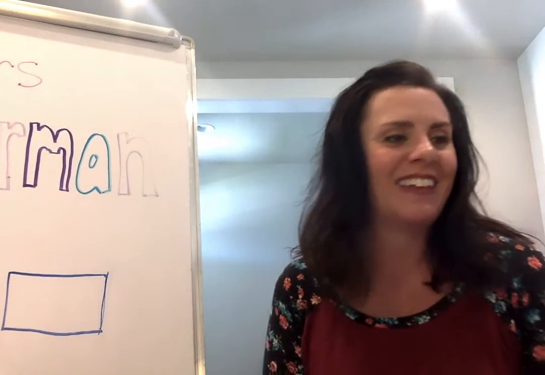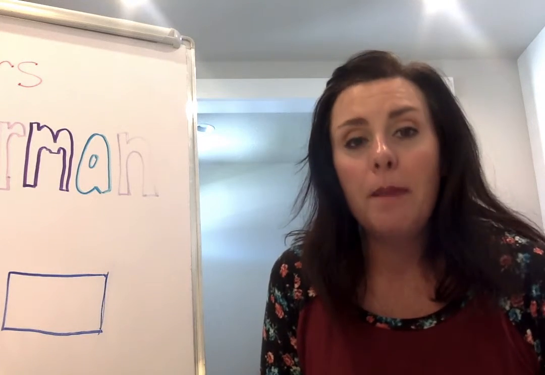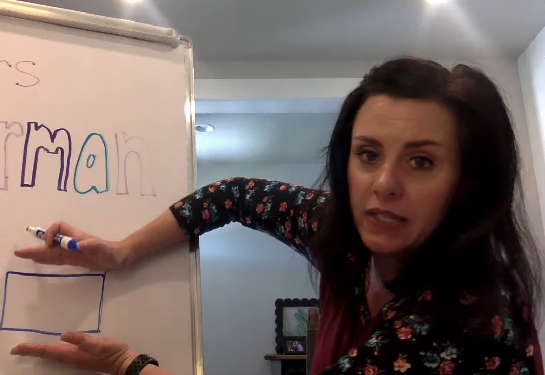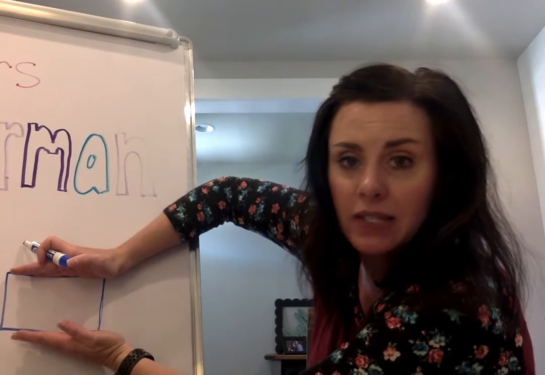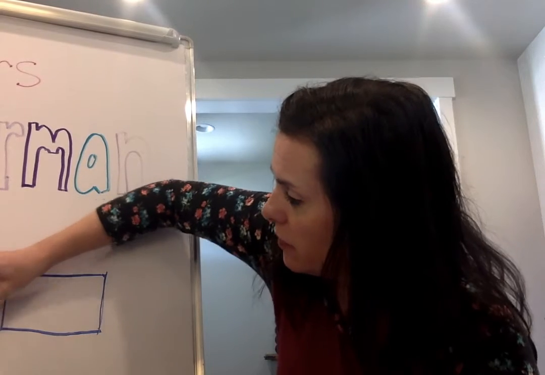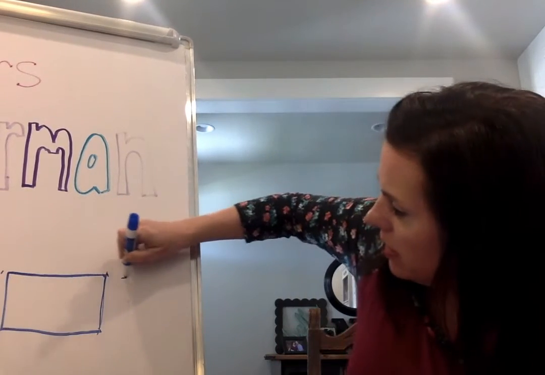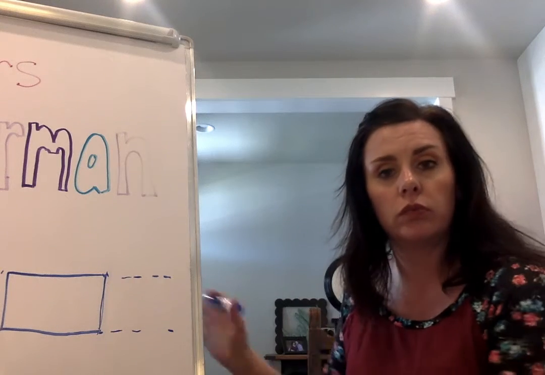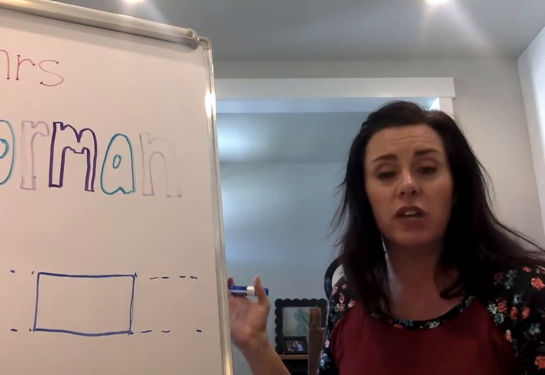It says the opposite sides are parallel. Okay, so here's my opposite sides. I have top and bottom. These are opposite sides. They're parallel. It means that if we kept going forever and ever, these sides will never meet. And that is true. They're never going to touch.